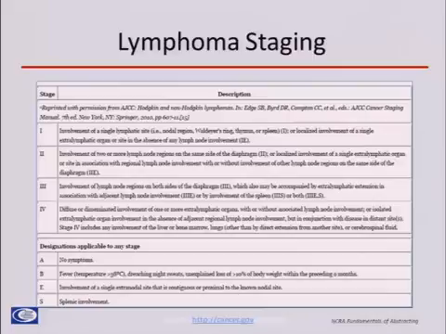Okay? A stage 1E is localized extranodal, like this is a stomach lymphoma, but it's just in the stomach. And a stage 1S means that the spleen is involved. You don't see that designation used very often, yes. But you will see A, B, and E used all the time.